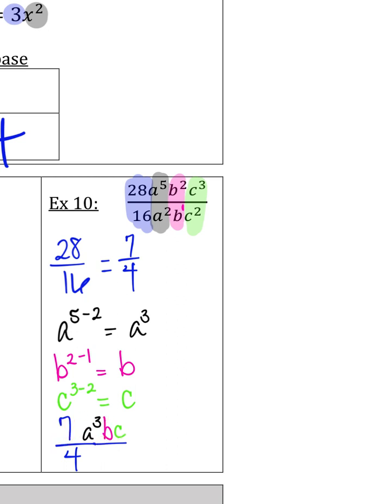Now, if you were to do this in another situation, you could just write 7 over 4 first, and then write your A to the 3rd, B, and C. This is correct, but this is the most correct answer. So if you have a testing situation, this is what your answer choice would look like.